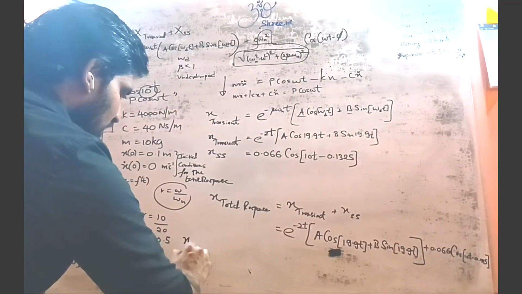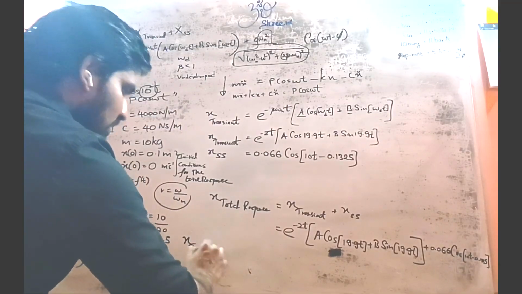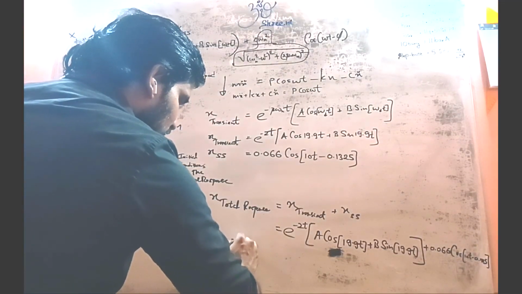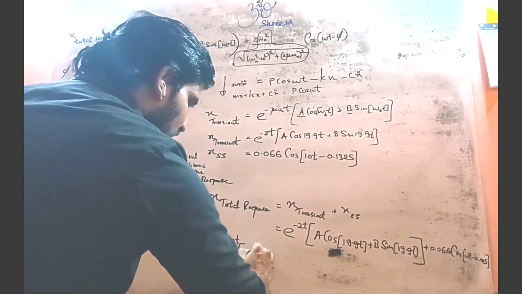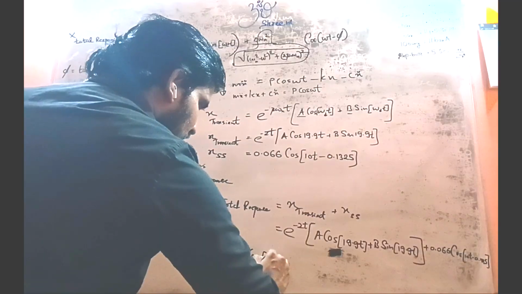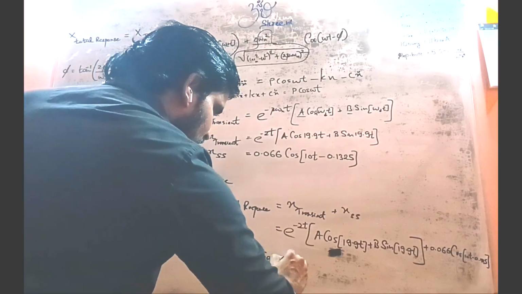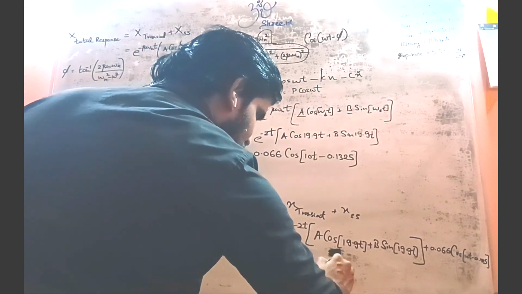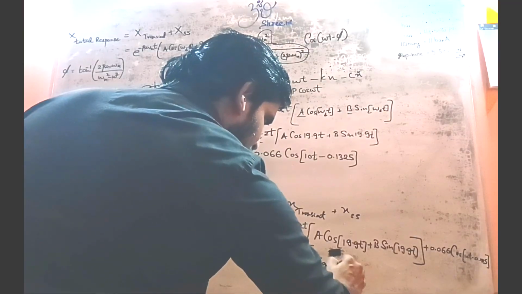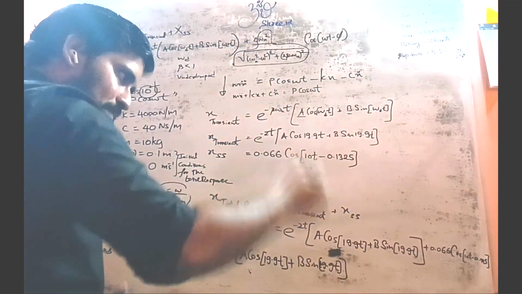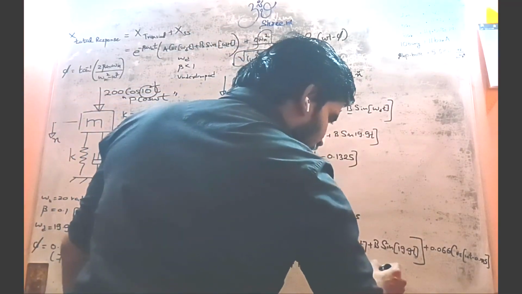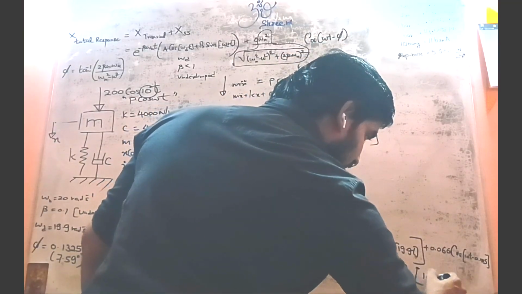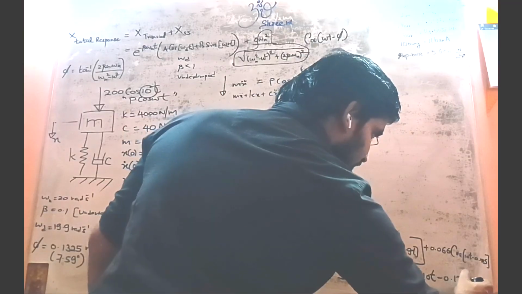So x total is e to the power minus 2t times (a cos 19.9t plus b sin 19.9t), plus 0.066 cosine of (10t minus 0.1325).